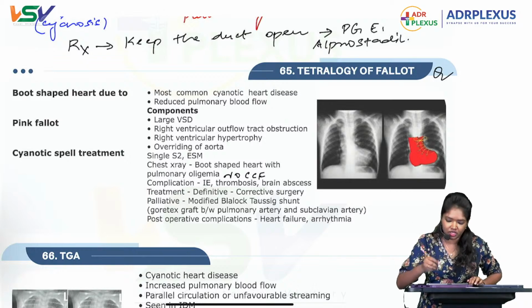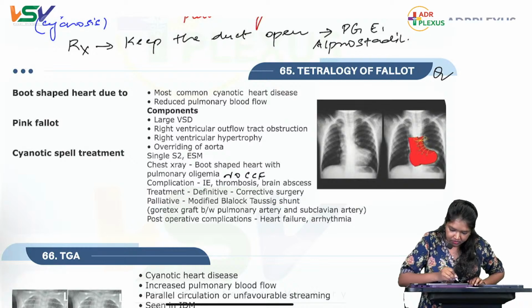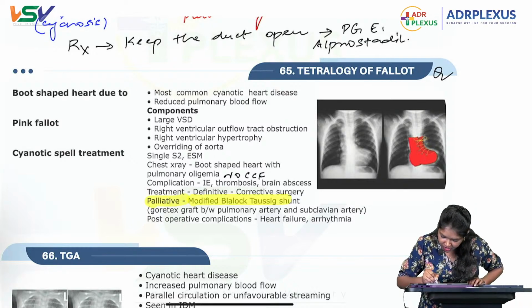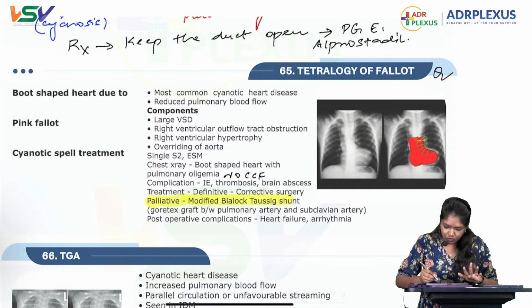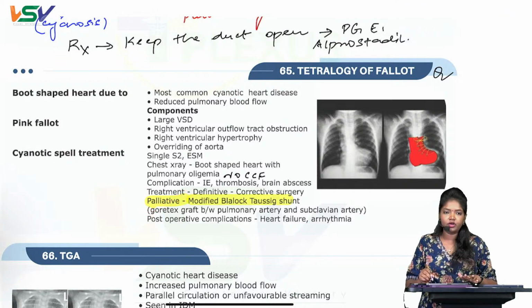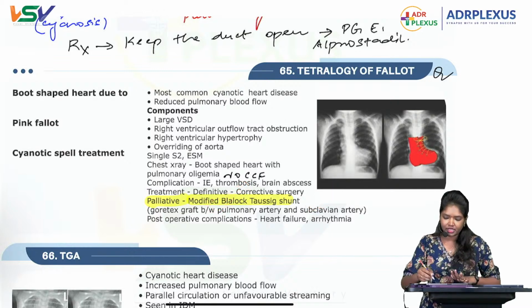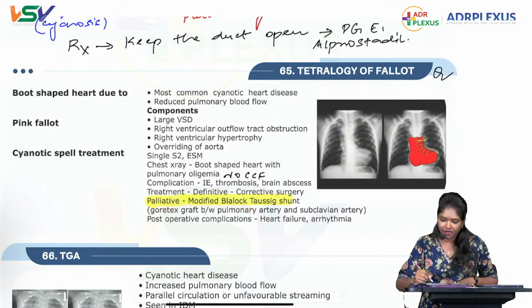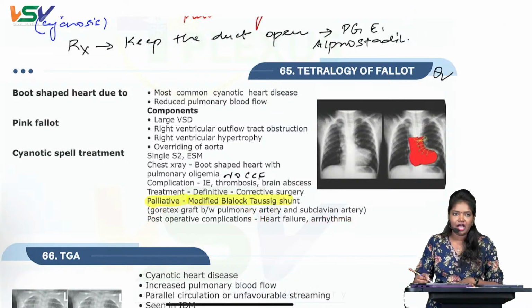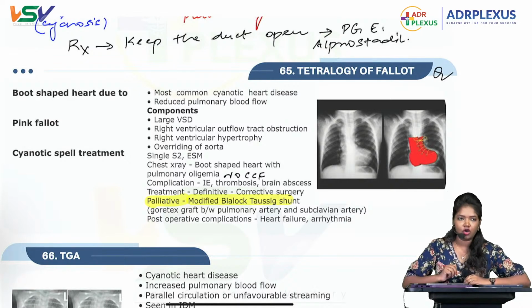The palliative surgery is the modified Blalock-Taussig shunt. You keep a Gore-Tex graft between the pulmonary artery and subclavian artery. Post-operative complications are heart failure and arrhythmia.